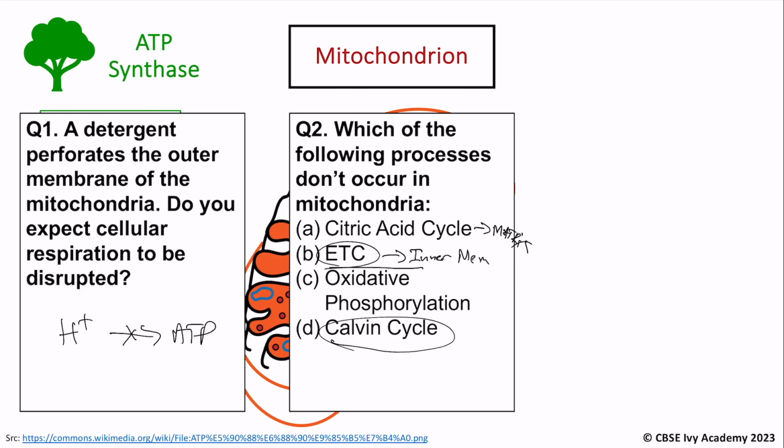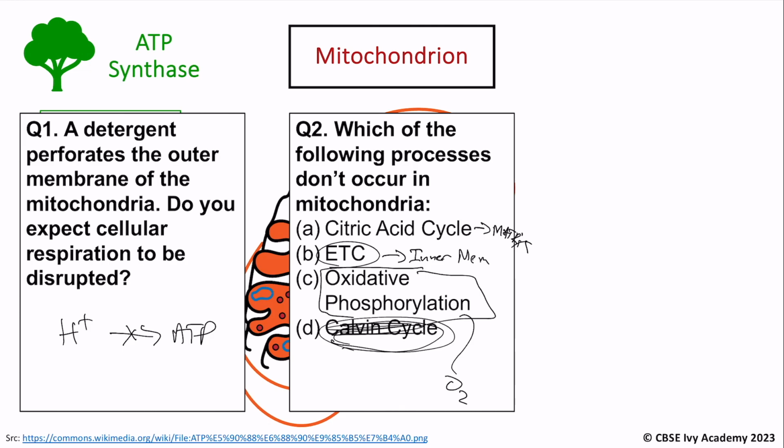And oxidative phosphorylation is the process of using oxygen as the final electron acceptor in the electron transport chain to establish an H+ gradient and then translate that energy into fusing ADP and Pi into ATP. So the answer is the Calvin cycle. That's not present in mitochondria.